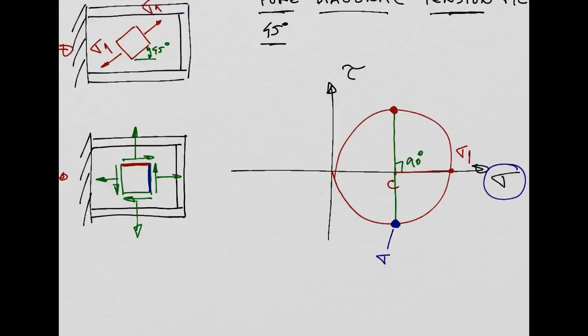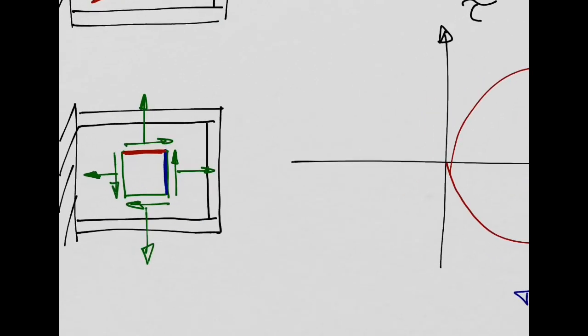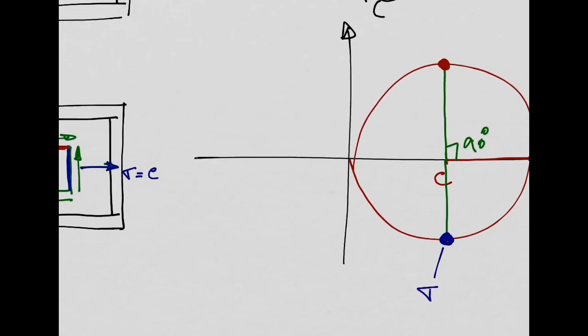You all agree? Look, the sigma that you have here, I can write it in blue. This sigma is going to be equal to the center of the circle, isn't it? And the center of the circle is equal to what?